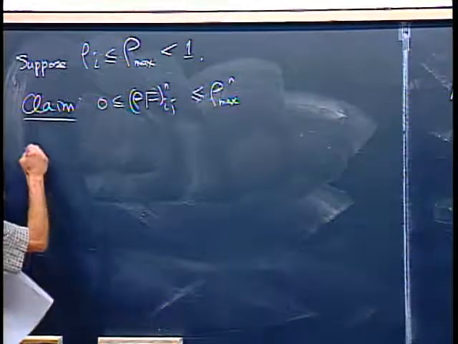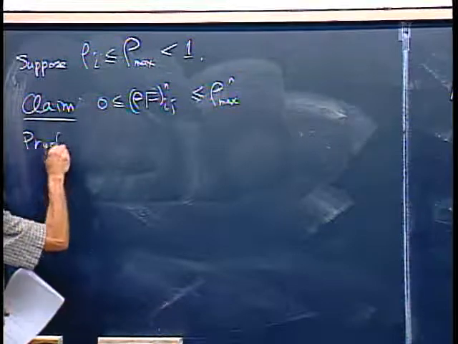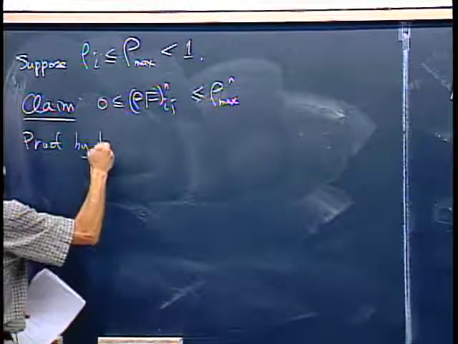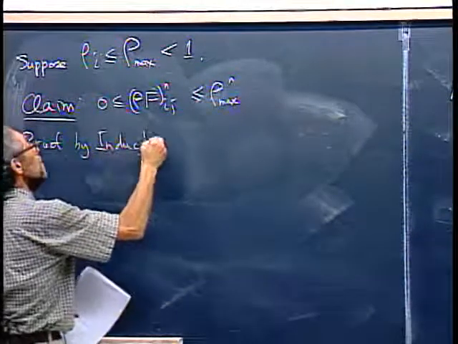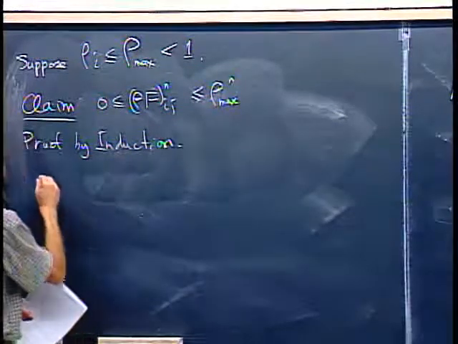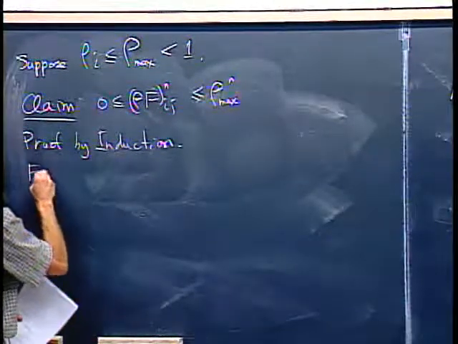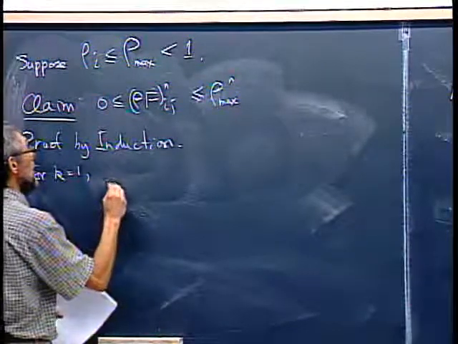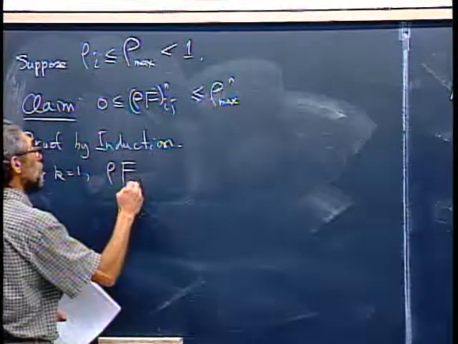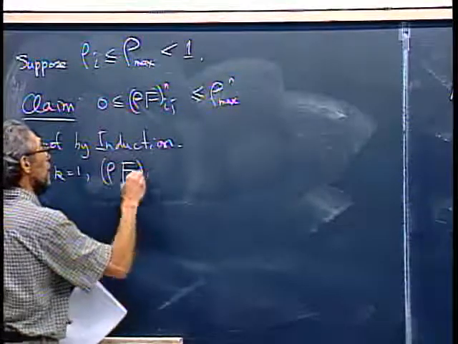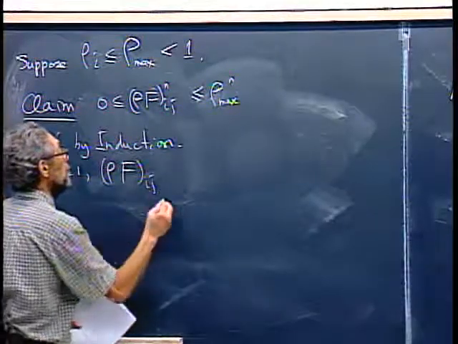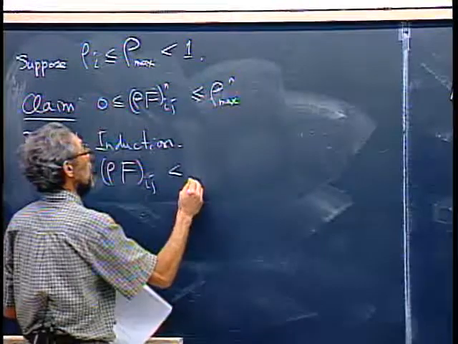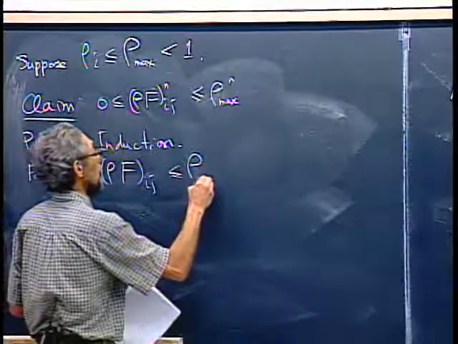So let me prove this by induction. For n equals 1, the claim is that every term of the matrix rho F, the ijth entry, is less than or equal to rho max.